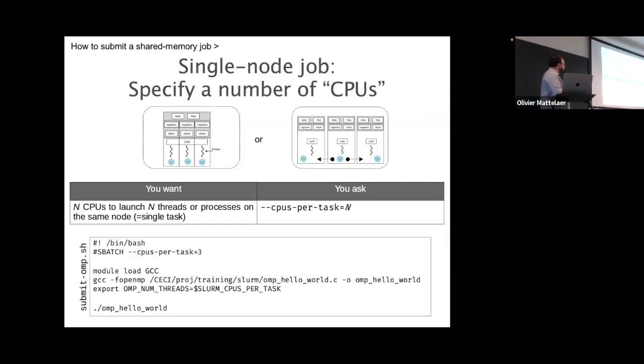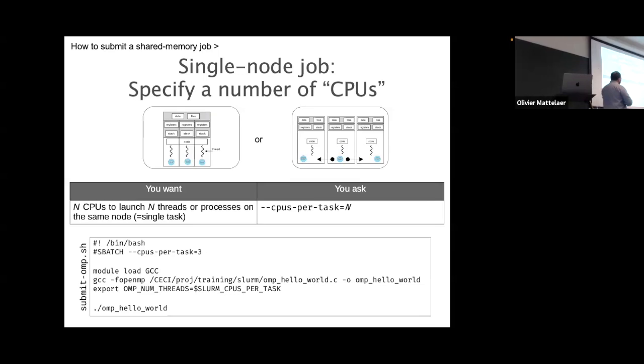To try to make it clearer, if you have this situation or this situation, if you remember, this one is a situation where you have multi-threaded code written, for instance, with OpenMP. So actually, you have one process that can use multiple CPUs with multiple threads.